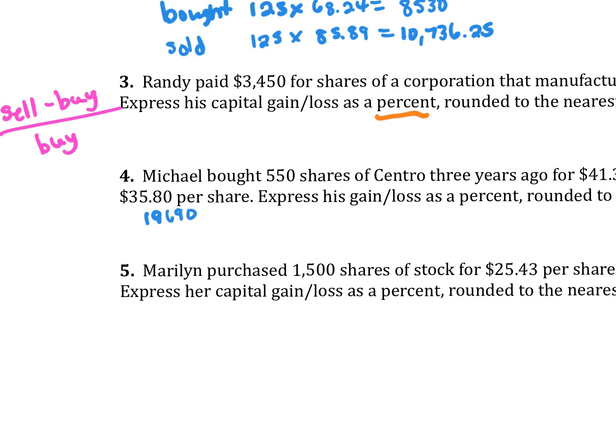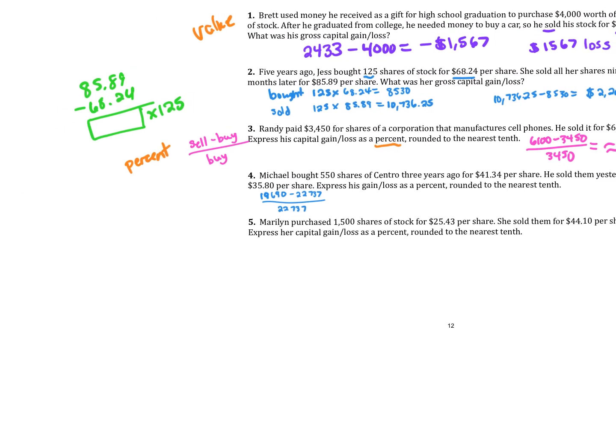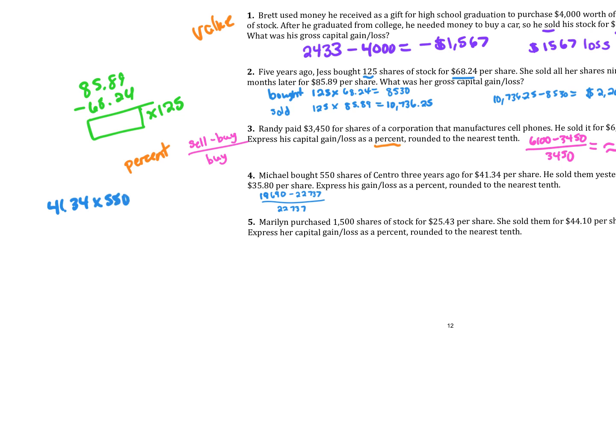Wait, is that 550 times what? Hold on just a second, sorry, let me write this down. 22,737. Okay, so 41.34 times 550 and 35.80 times 550.